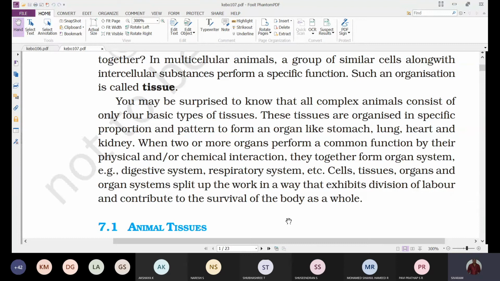That means the basic types of tissues are only 4 types. In case of plants, we'll find the basic types of tissues are also 4 types: meristematic tissue, parenchyma, collenchyma, and sclerenchyma.